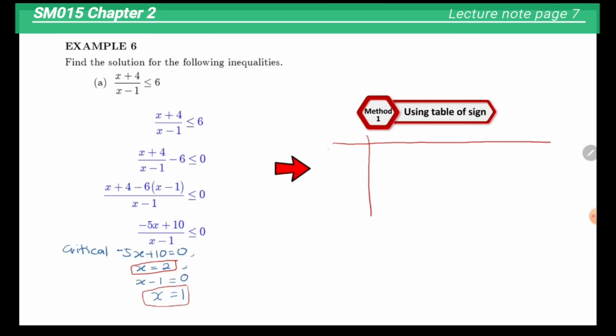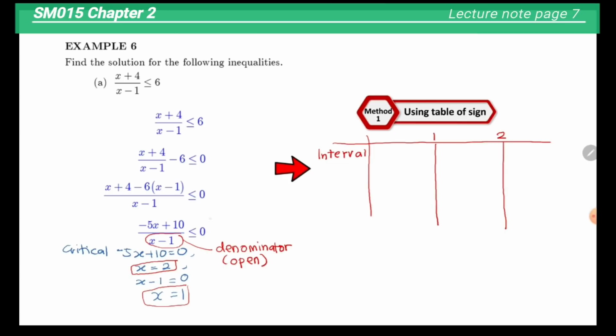For the first column, I want to fill in the intervals. The intervals that we need to consider are determined by the critical numbers that we have, which are x equal to 1 and x equal to 2. So that is the boundary of our table. Now you need to make sure which one is open or closed. From the critical numbers here, we can see that x minus 1 is in the denominator, so x equal to 1 must be open.